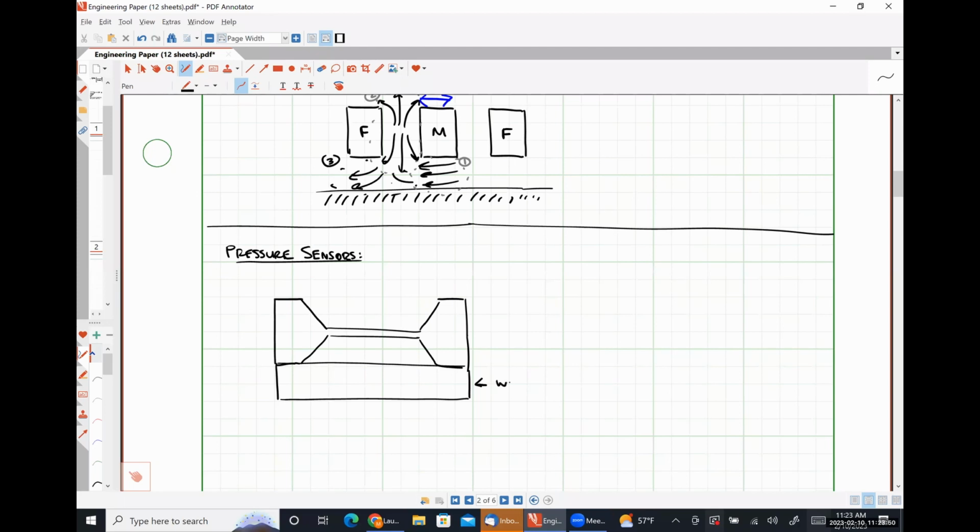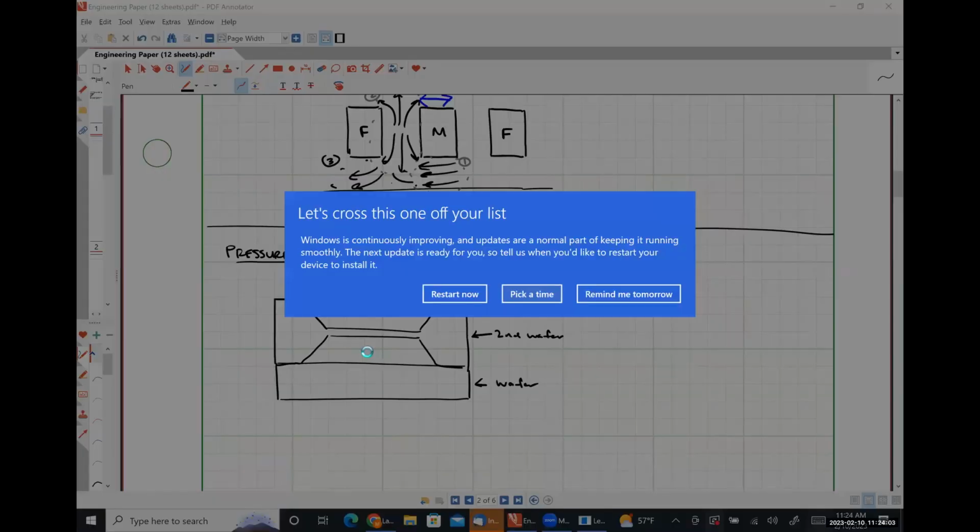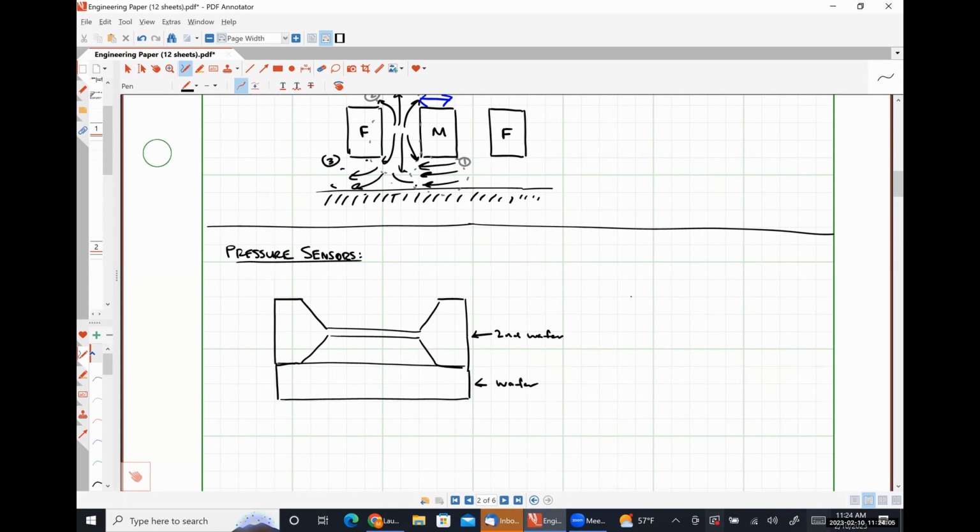So here we have a first wafer. Here is our second wafer that's been fused on top, such that there is a space, a vacancy, where we have some pressure P1.